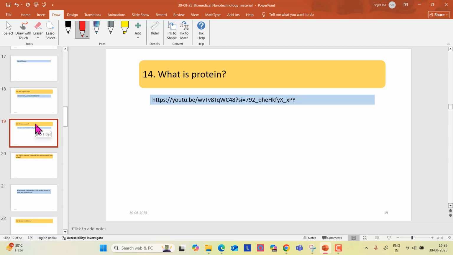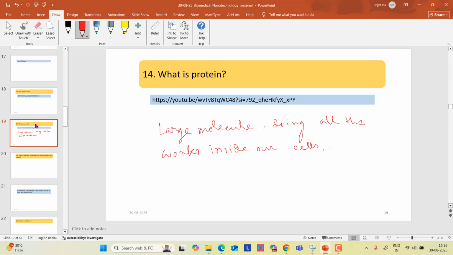Next comes our protein. What is protein? It is a large molecule doing mostly all the work inside our cells, right?